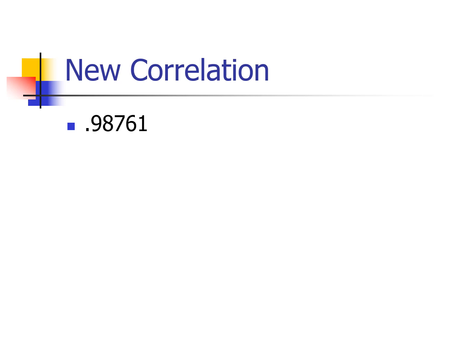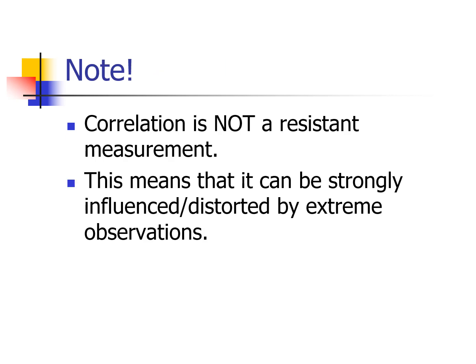You would think that maybe one person, one observation shouldn't have so much of an impact on the value that we're looking at. But the reality is, for better or for worse, that it does. That's because correlation is not a resistant measurement.